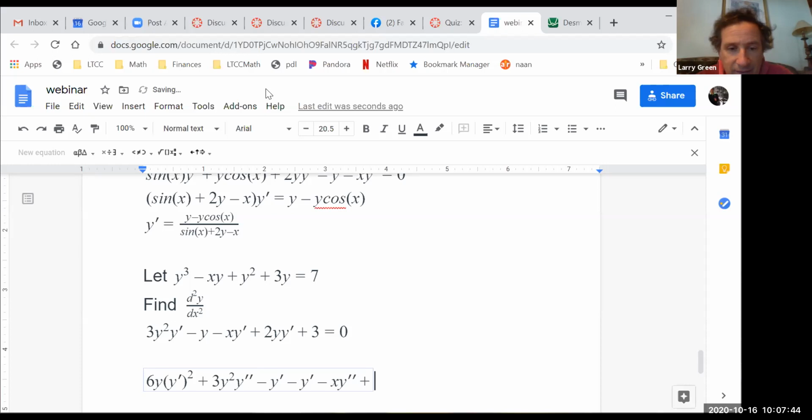So we're going to have plus 2 y prime times y prime, which is 2y prime squared. And then plus, because we're in the middle of the product rule, 2y, y double prime. And the 3 goes away, equals 0. And we're getting there. Now what do we have to do?